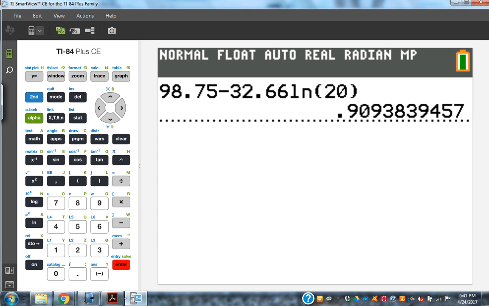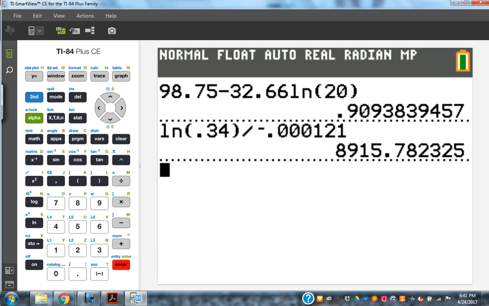So I just need to calculate that. Natural log of 0.34 divided by negative 0.000121. Sure that's the right number. It is. 8,915.78.